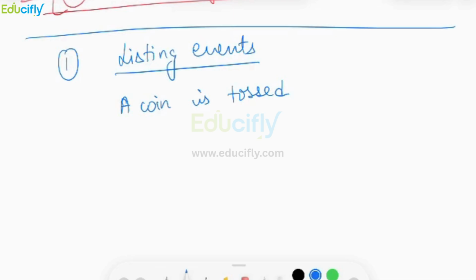Listing events is basically the sample space, and we are going to write the outcomes within the sample space, right? So if a coin is tossed, I might be getting a head or a tail, right? And these curly brackets represent the sample space. Okay. So head and tail are the two possible outcomes of tossing a coin, right?